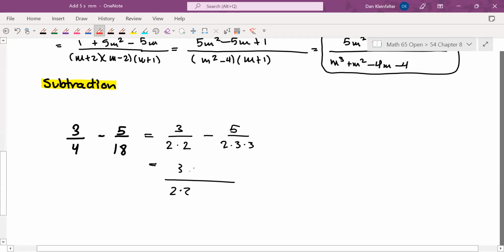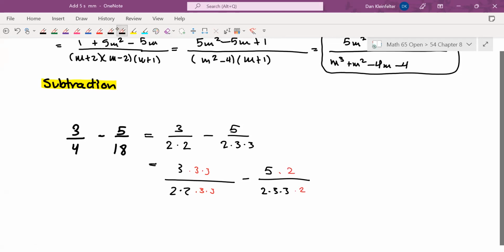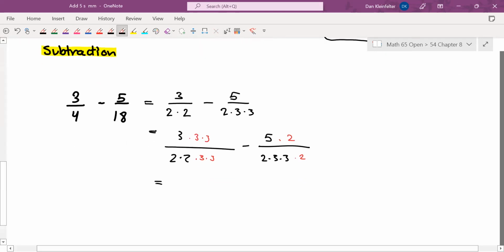So let's do that. So we're going to multiply the top and bottom by 3 times 3. And then the fraction on the right has a 2 and 2 3's. The one on the left has 2 2's. So we're going to need to add in a second 2. And don't forget to do that in the numerator as well as the denominator.